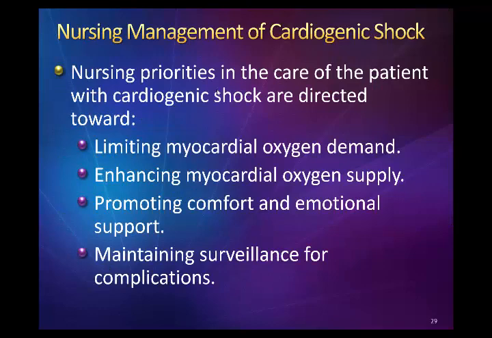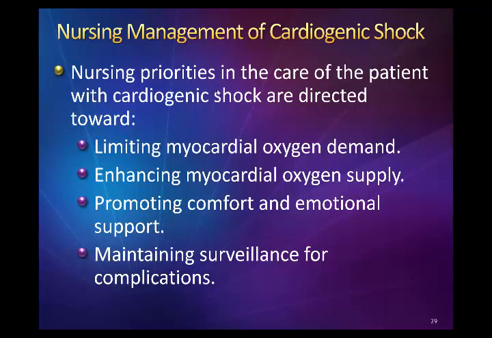All right, so when we're thinking about caring for these patients in cardiogenic shock, there's really four major priorities. We want to limit myocardial oxygen demand, so resting the patient, making sure that they're not anxious, that they're nice and calm, make sure that they're not straining when they have a bowel movement, those types of things.